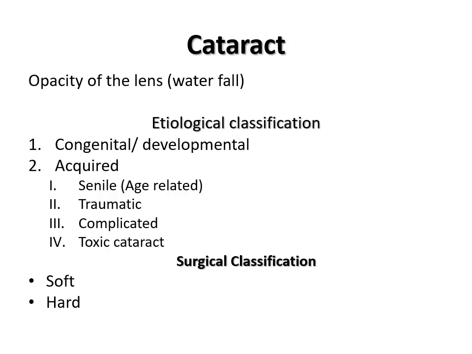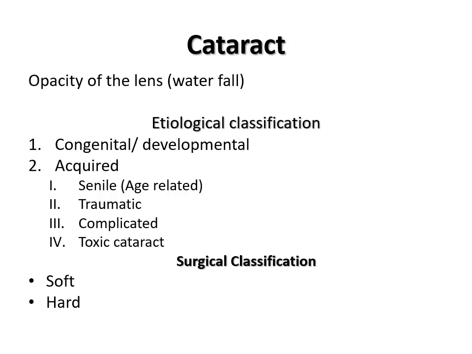So the classification of cataract could be etiological classification or surgical classification. The etiological classifications include congenital or developmental cataract or acquired cataract. The acquired cataract includes senile cataract, which is age-related cataract, or traumatic or complicated or even toxic cataract.